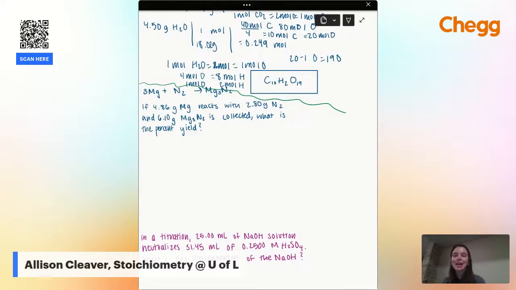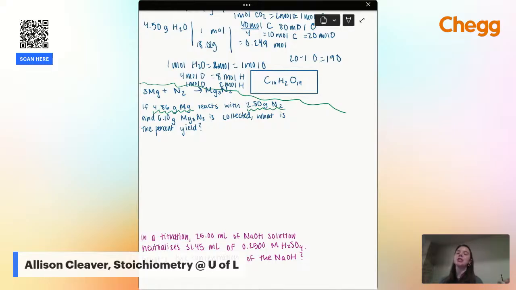All right, 10 more seconds, guys. How would you go about solving this problem? 3, 2, 1. All right, first, what we need to do is find the limiting reactant. I know we already went over it, it's no fun, but we do have to find that for this problem since we don't know what the limiting reactant is. And we want to figure out how much can actually be made. So, first step, we're going to start with these values.